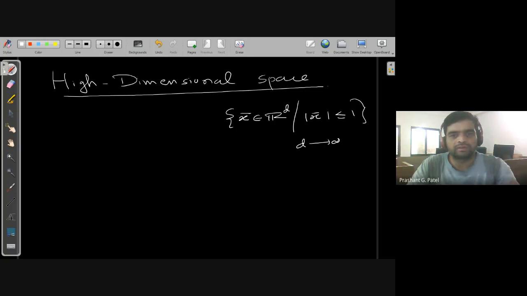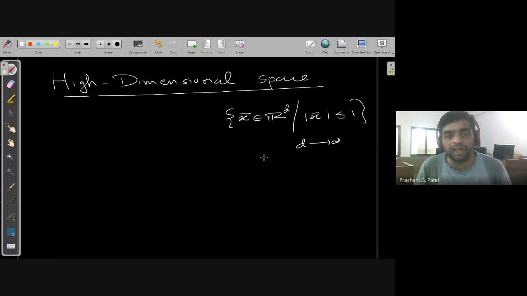So this is the first result that we are discussing, later on when we build up some of the quantities in these high dimensional spaces. The volume of the high dimensional unit ball is concentrated near its surface and also centered at its equator. That means all the volume of a d-dimensional space is concentrated near its surface.